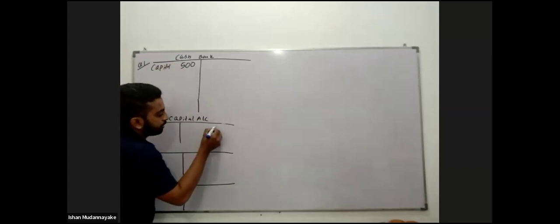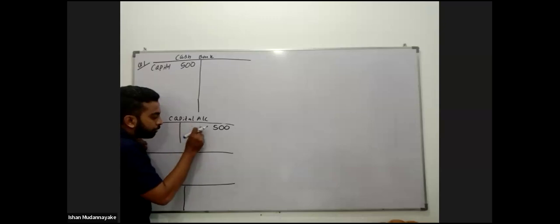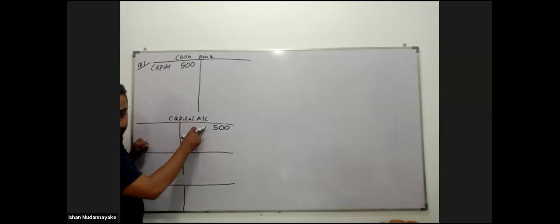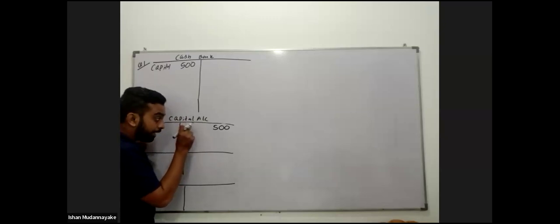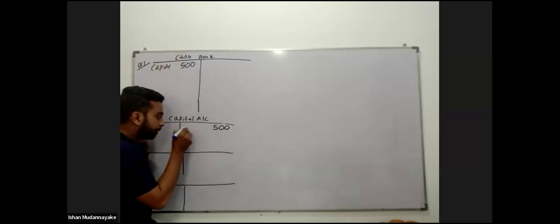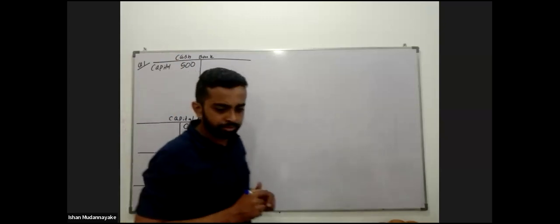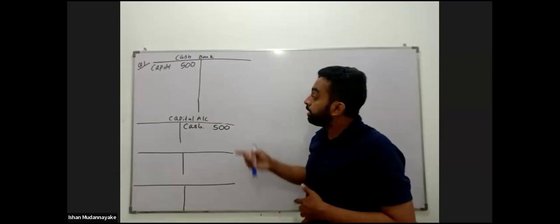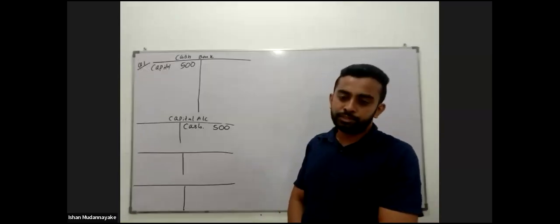Cash book debit 500,000, capital account credit 500,000. Here also you will write down the name of the opposite ledger account. The opposite ledger account name is cash book, so just write down cash. Cash book debit 500,000, capital account credit 500,000. That is the dual impact of this transaction.